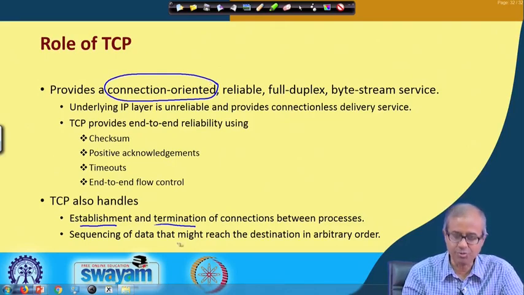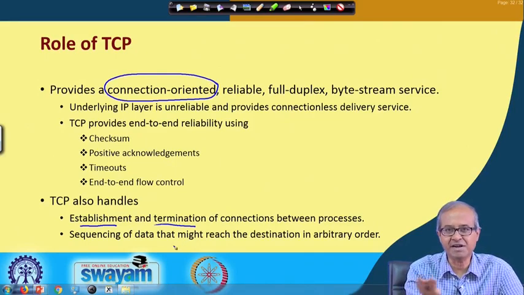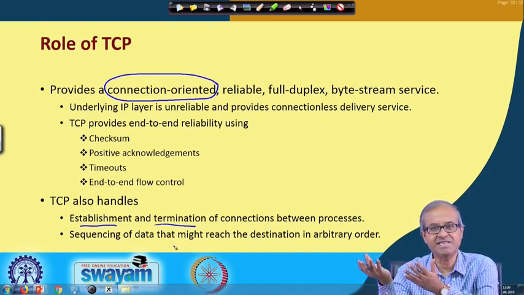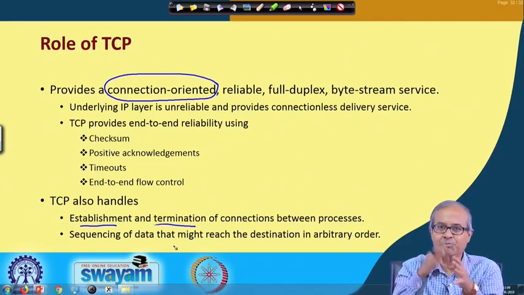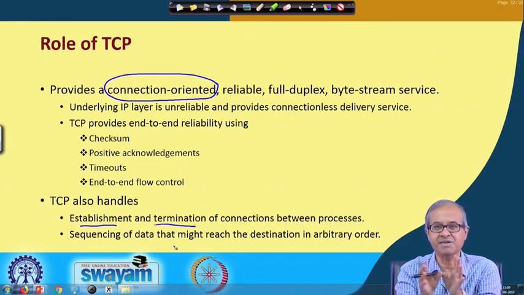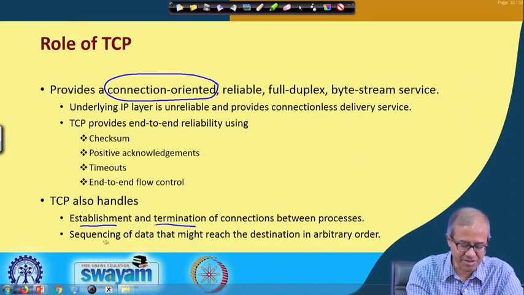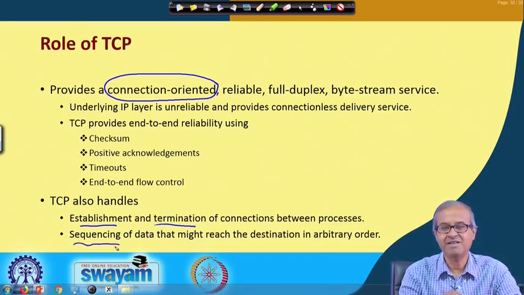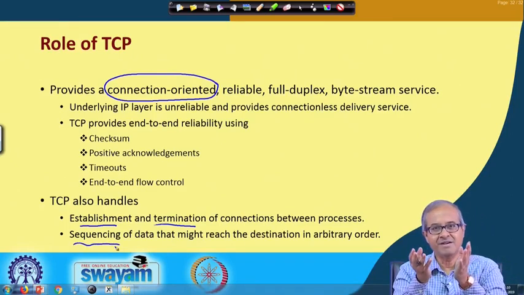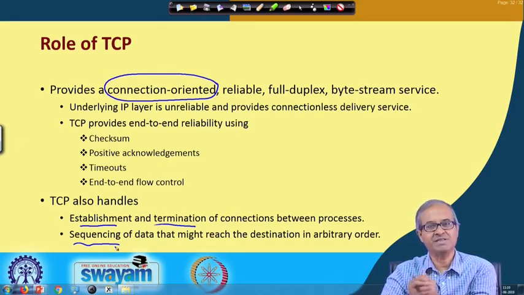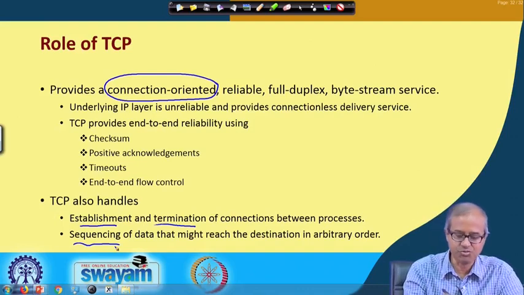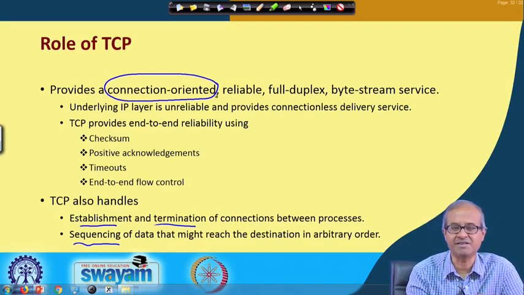And TCP also, you see, because of the datagram at the IP layer, the data might reach the destination in some arbitrary order. TCP will put together all received data in the correct order, which is called sequencing, so that the user process at the receiving end will always get the data in the correct order. That is one of the main responsibilities of TCP, and this is what we mean by connection oriented.